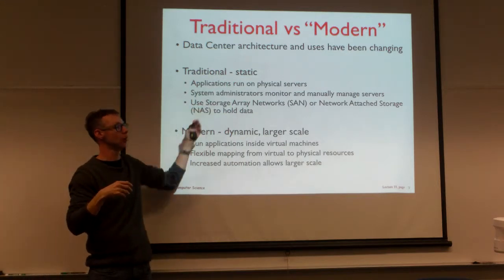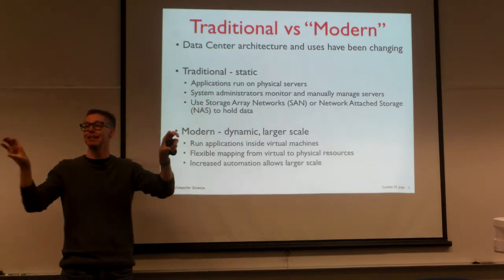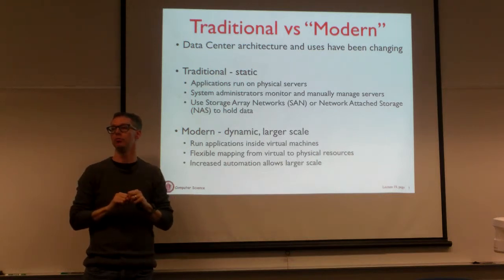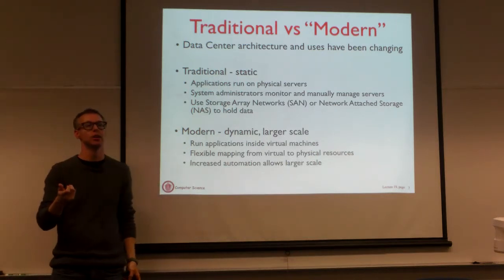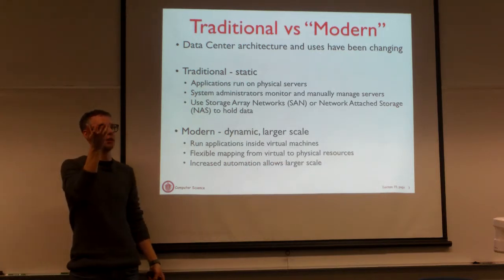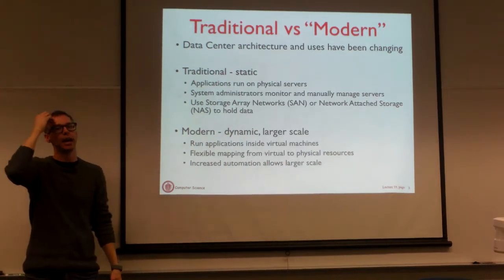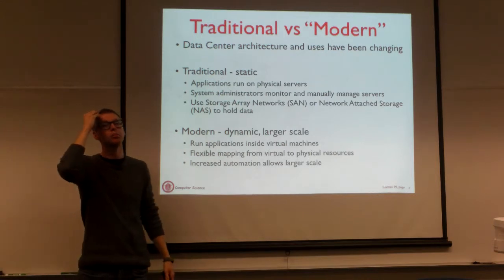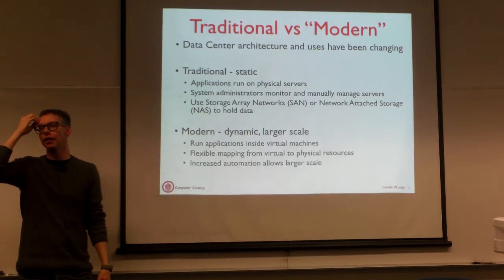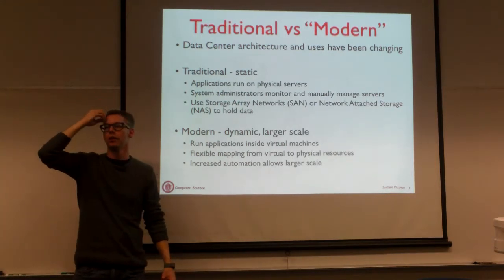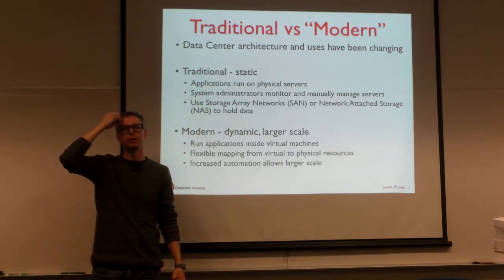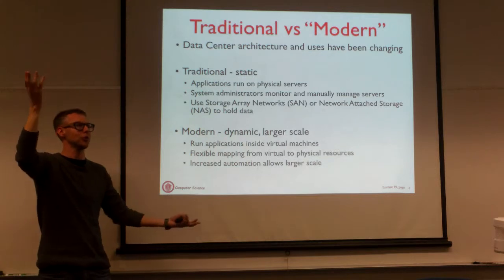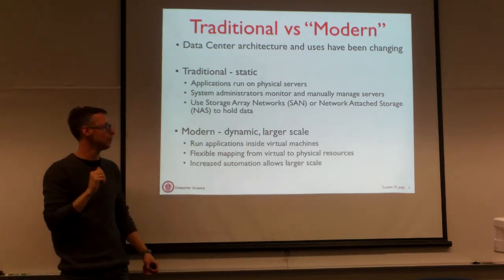So storage area networks provide the illusion of a shared disk among all of the servers, okay? A shared raw disk. The abstraction that a disk gives the upper level system is that of blocks, right? Disk blocks that can be written on. And then on top of a disk, you write a file system that decides how to organize the data in directories or however it organizes the data, right?